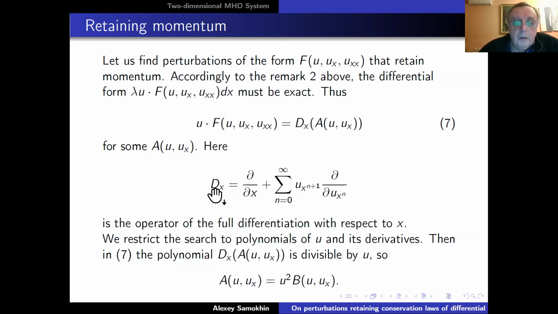Here is the total derivative, full differentiation with respect to x. It is easy to see that the right-hand side must be divisible by u.